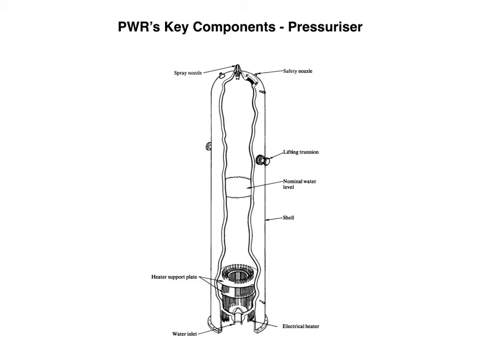Water from one of the cold legs of the reactor coolant system sprays into the top portion of the pressurizer and condenses some of the steam. This action reduces the pressure and limits the pressure rise.